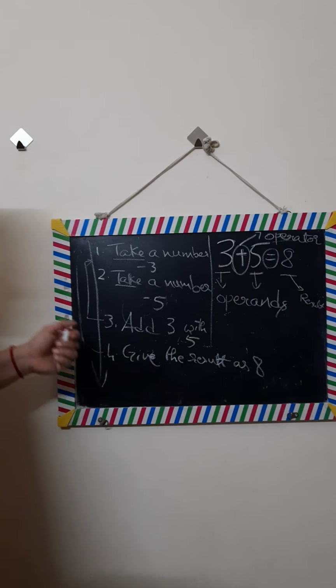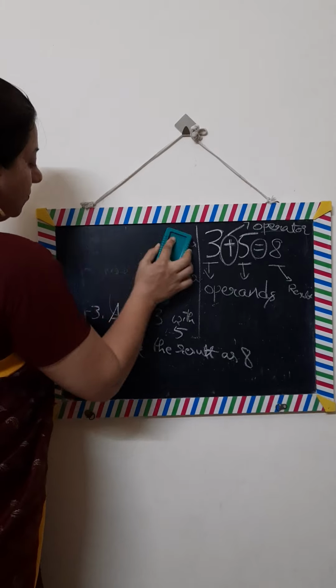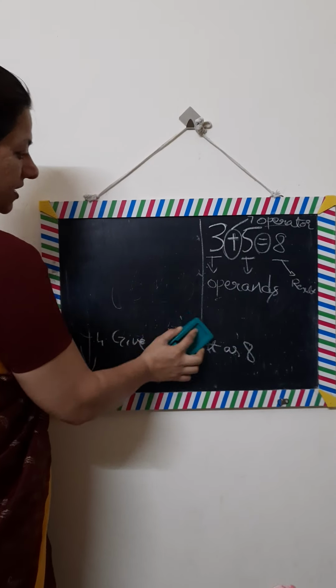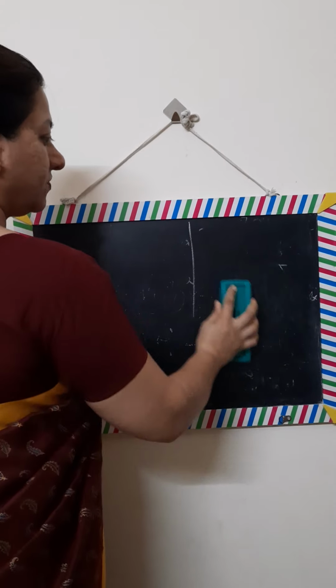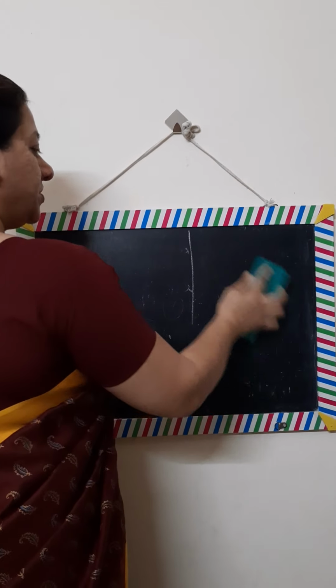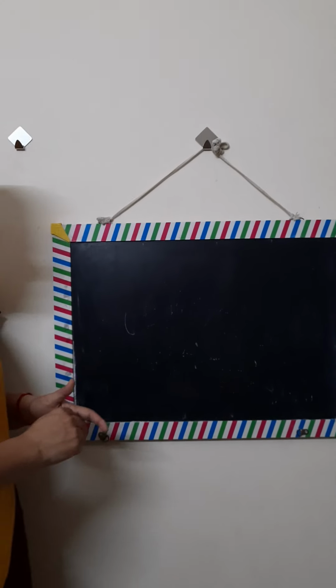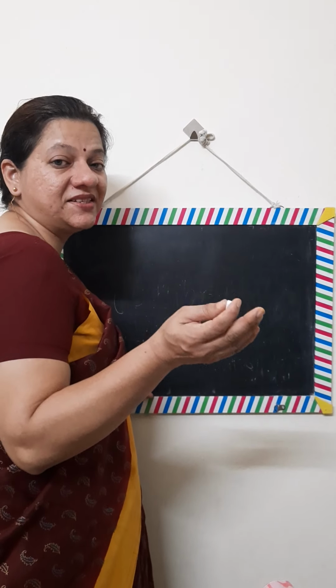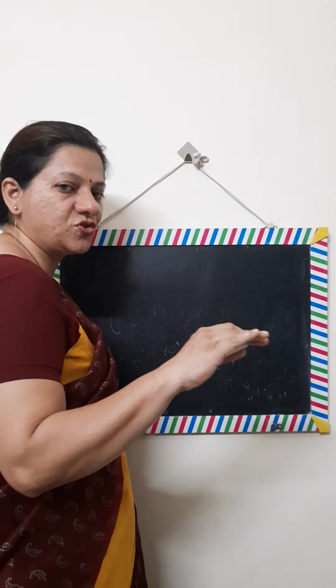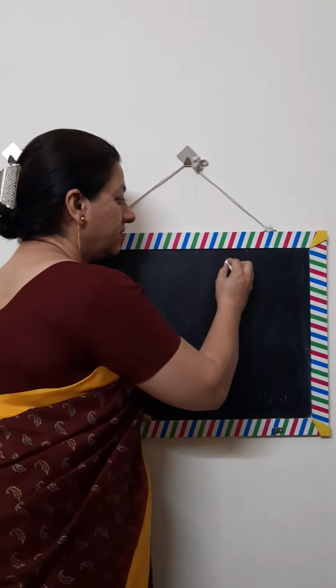Okay. Now coming to flowchart. Or can we take up one more example? I'll take up one more example. This was to do with a mathematical operation. Now I'll do something more. Suppose I say marks is less than 35, the student is a failure. Okay.